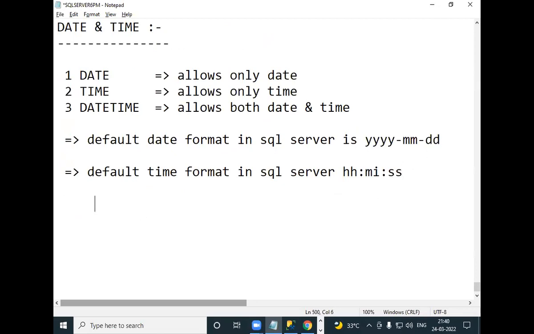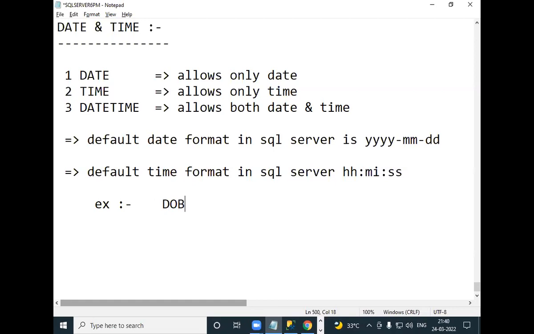For example, take a column like date of birth. Suppose you are opening a bank account.